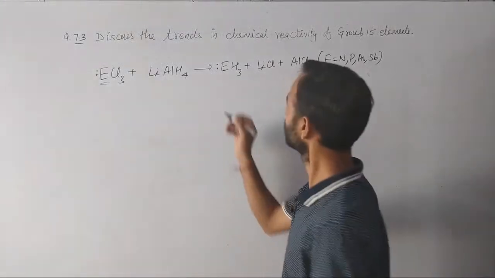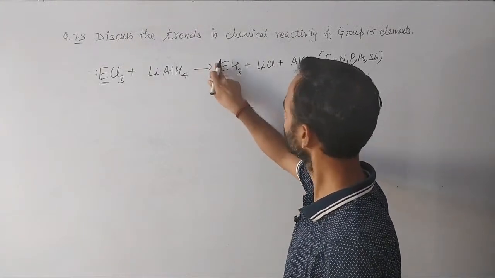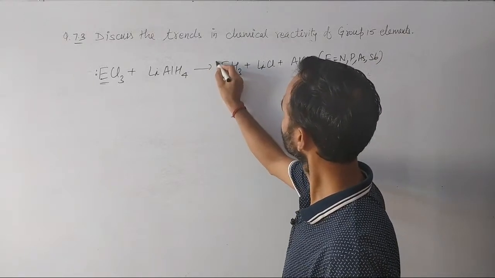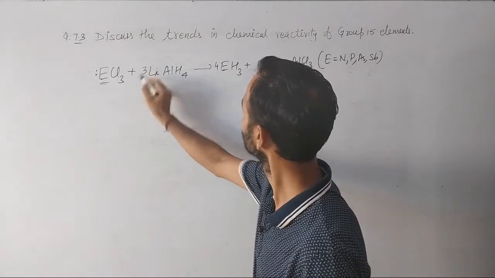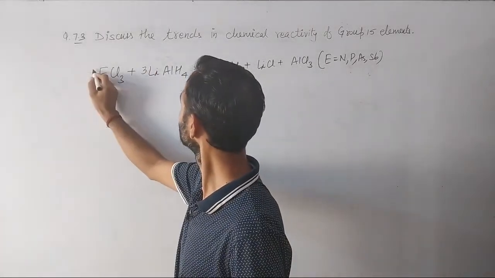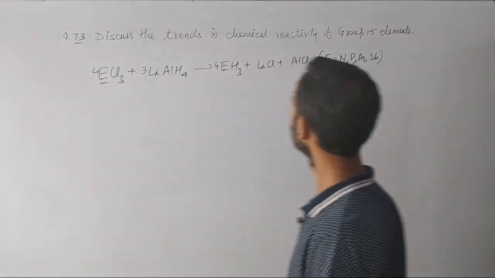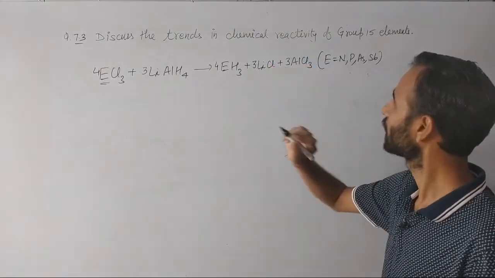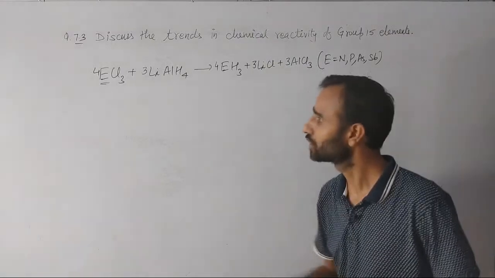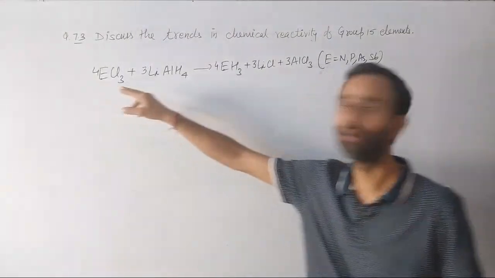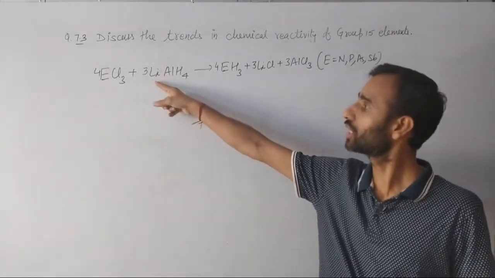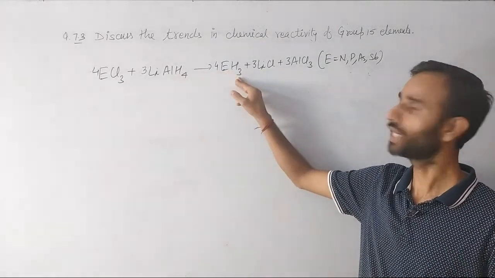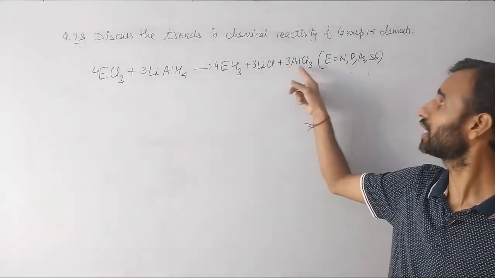So if we balance it, this one EH3, so let us say 4 and 3. So it is 4 and 4th is a 12, 3 and 3, so 9 and 12, right? So this is the balancing. 4 ECl3 react with 3 LiAlH4 to give 4 EH3, 3 LiCl and 3 AlCl3.